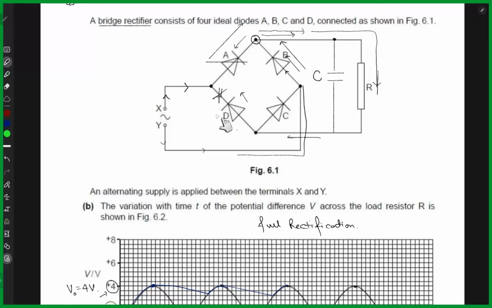It cannot go through D because the diode points in the opposite direction of the current. Remember, wherever the diode points, that directional current is allowed to flow in that direction. In this case, it is the opposite, so this current is not allowed to flow. So it's not going to flow through the circuit, right? Is that clear? Yes, sir.